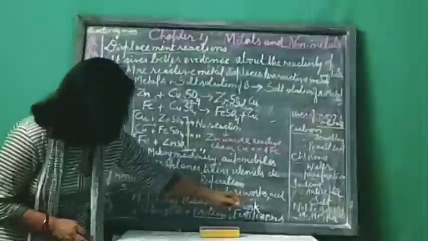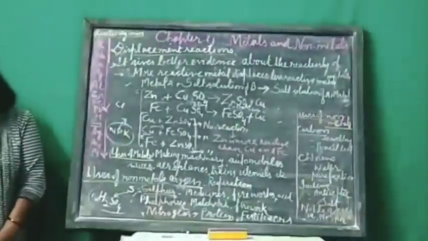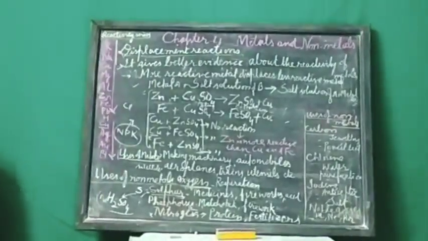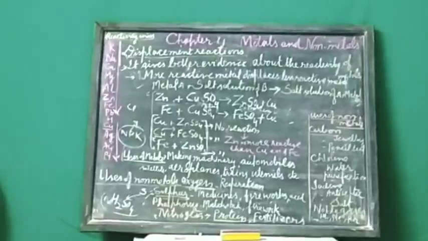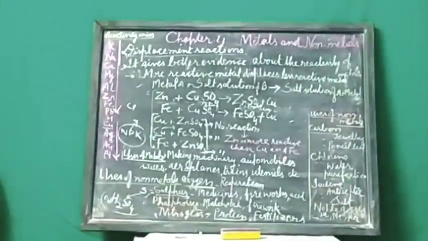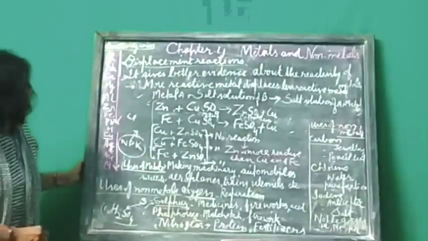And next are the noble gases. You should understand what the meaning is. Noble gases means gases like helium, neon, argon, etc. are non-reactive and are called noble or inert gases. Why are they called inert gases?